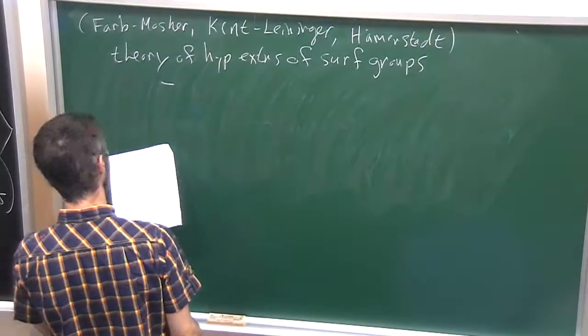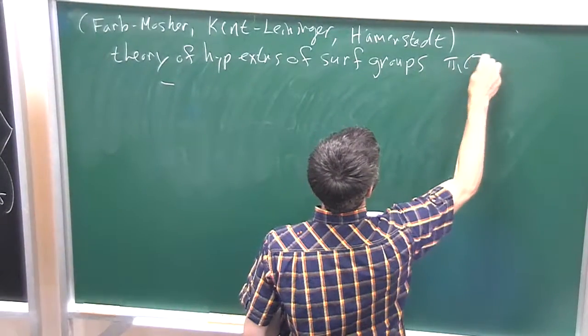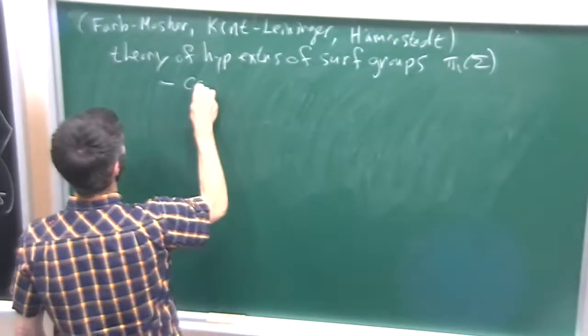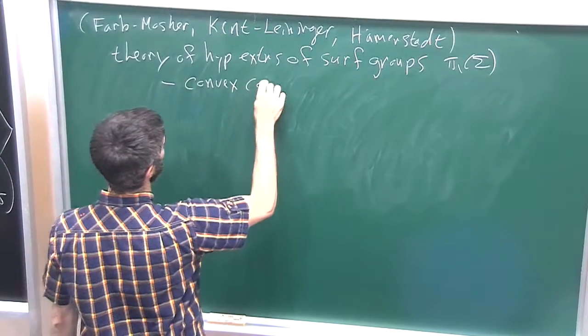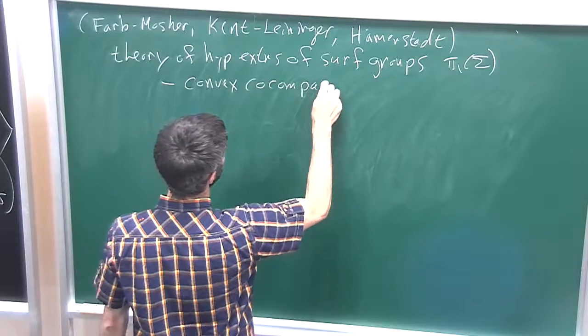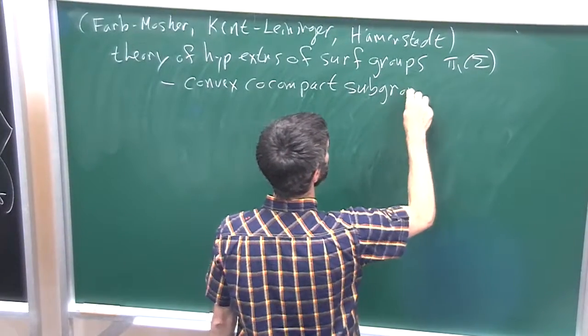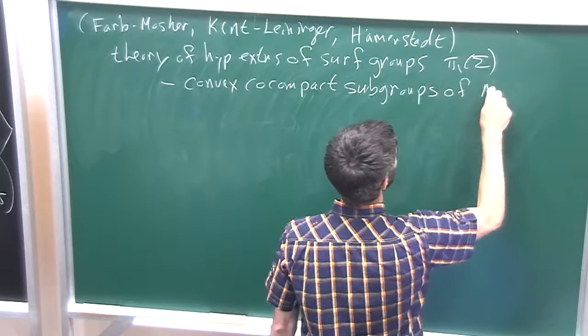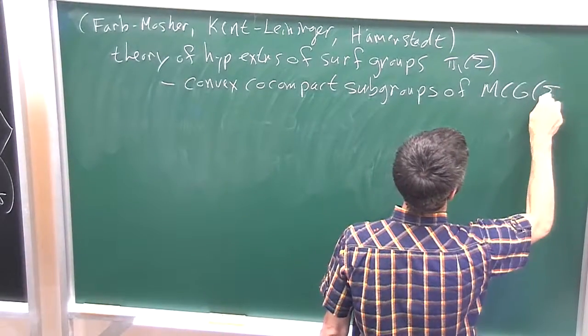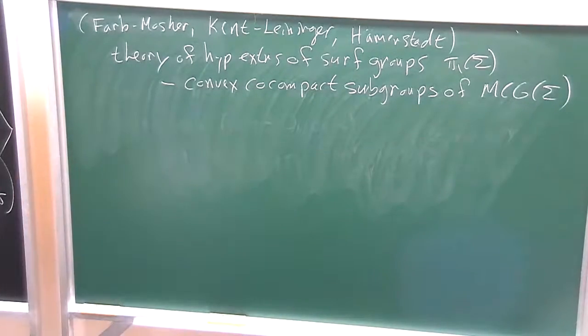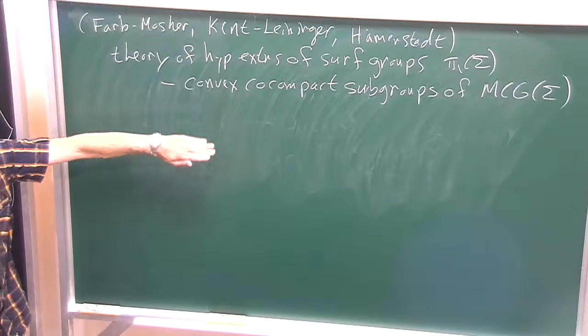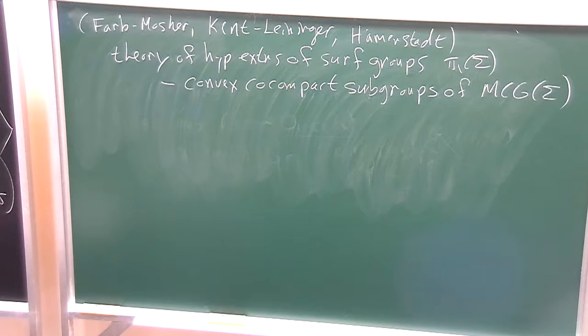And this is what goes under the name of convex co-compact subgroups of the mapping class group of the surface. Basically, Farb and Mosher introduced this idea of convex co-compact subgroups of mapping class groups, by analogy with the theory of Kleinian groups.